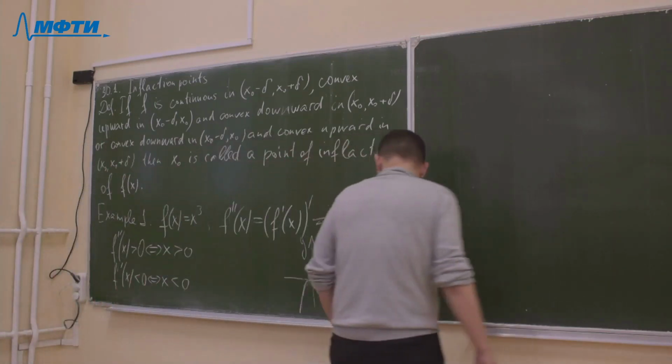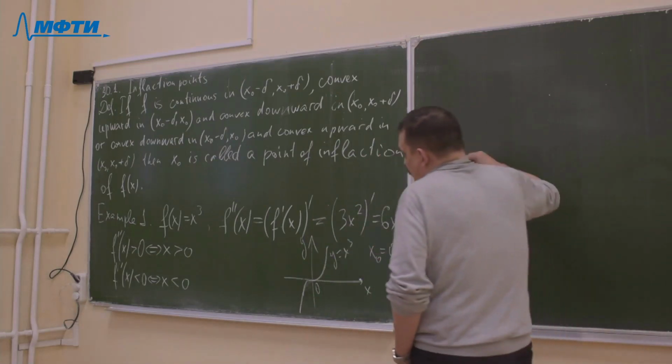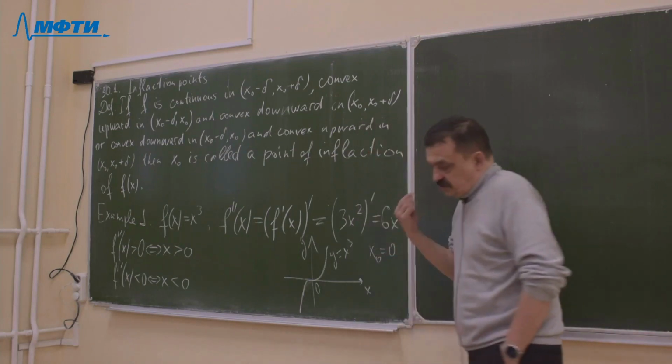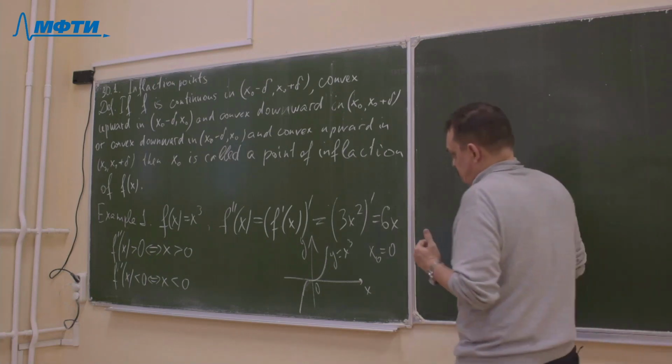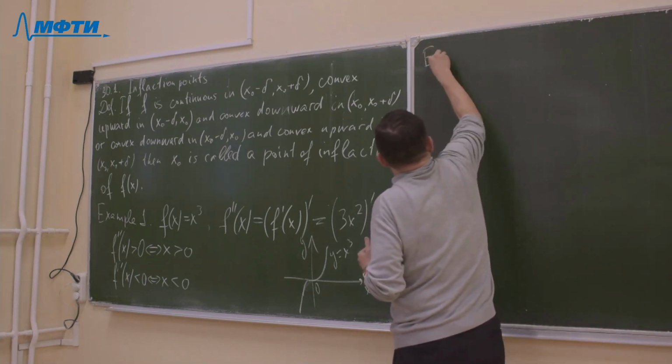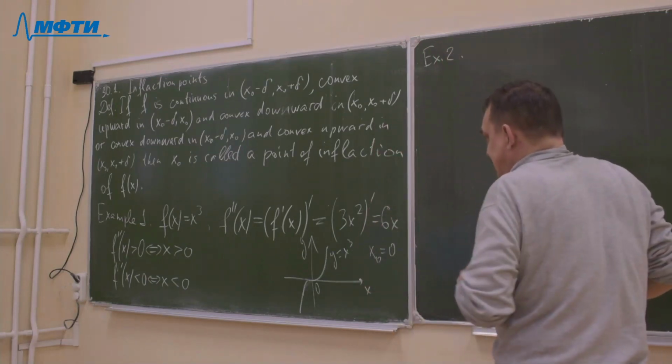Now, that is a rather trivial example. And now a more complicated example which shows that those words, the function changes the direction of convexity, are not precise. So example 2, I will modify slightly.